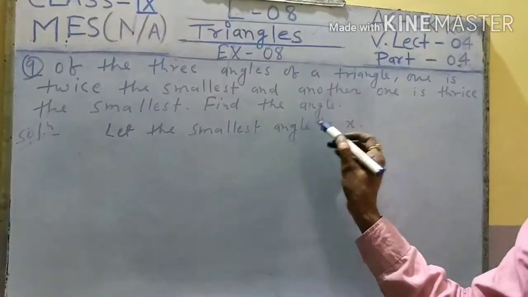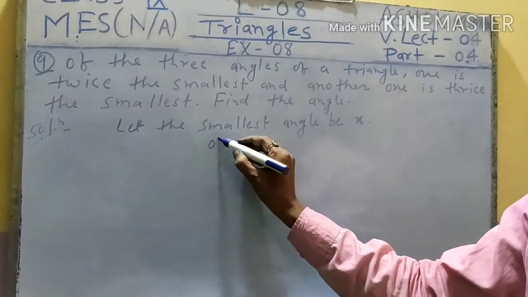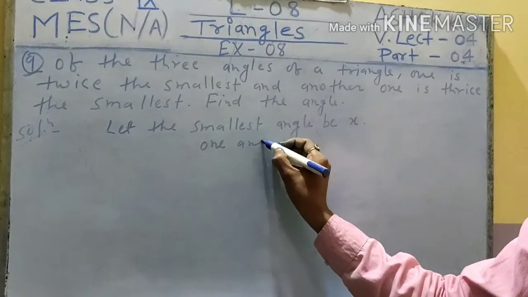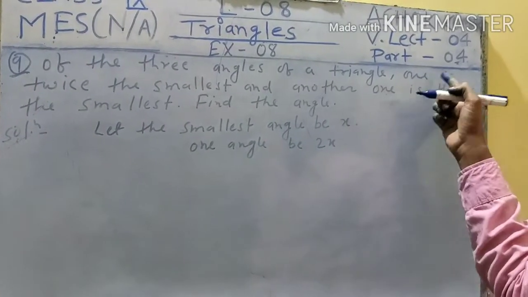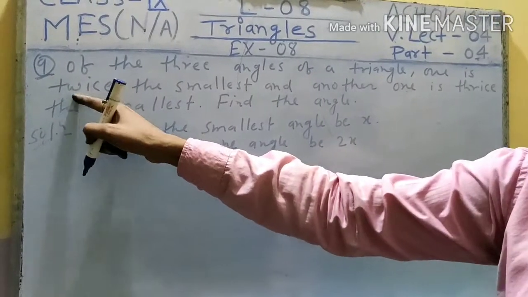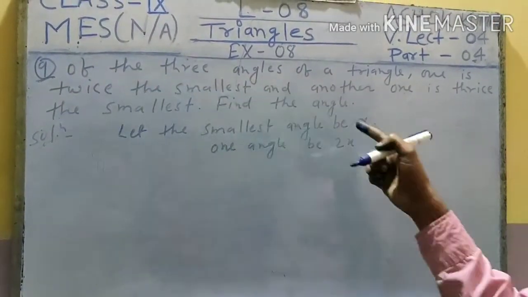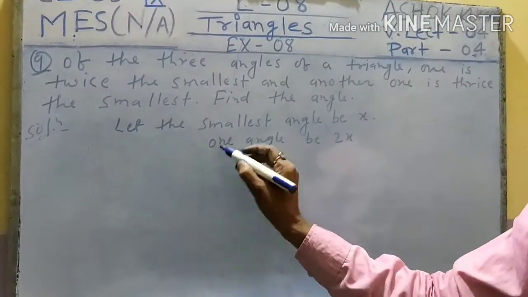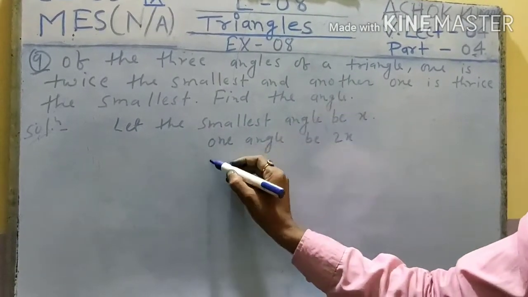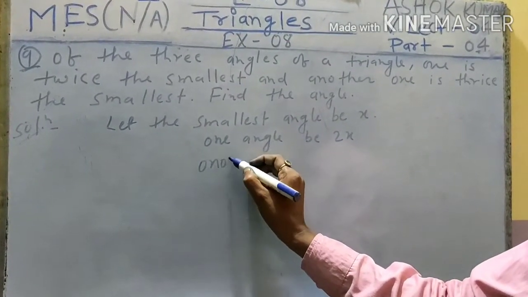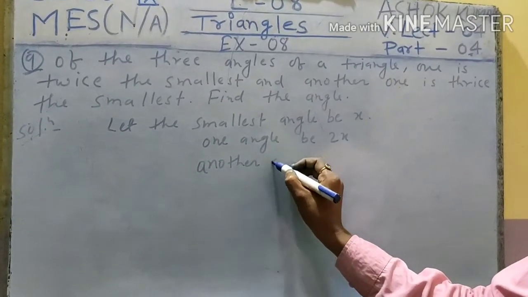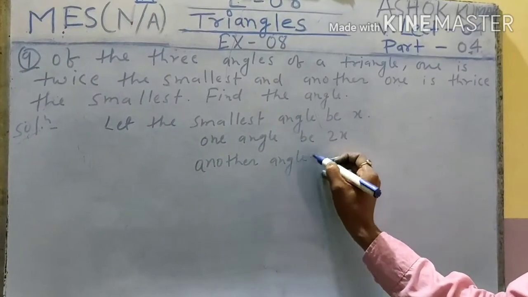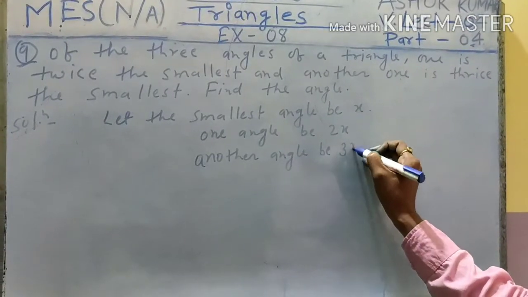So one angle be 2x, because one is twice. Twice means 2 times the smallest. So one angle is 2x and another angle be thrice. That means 3x.